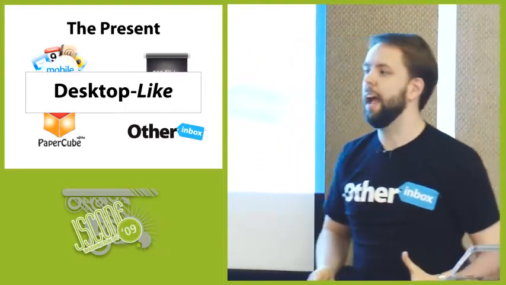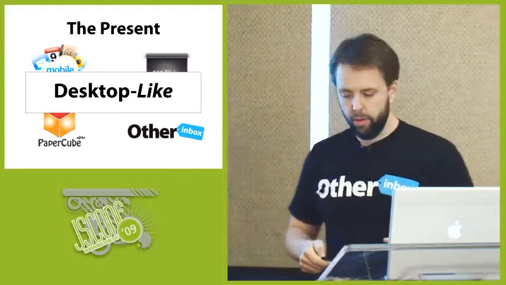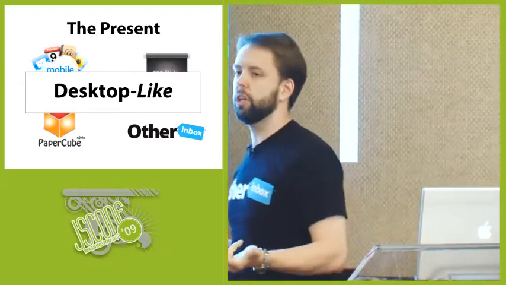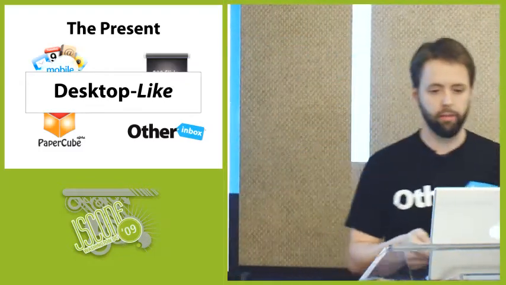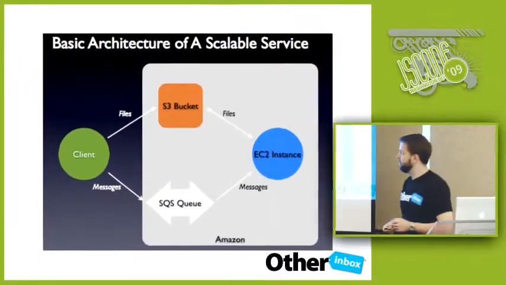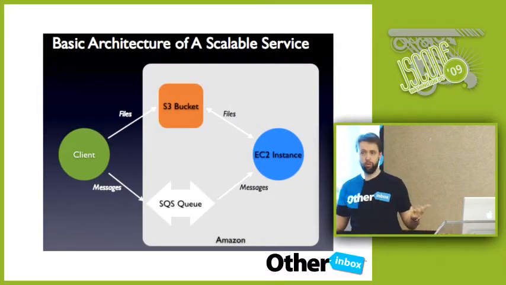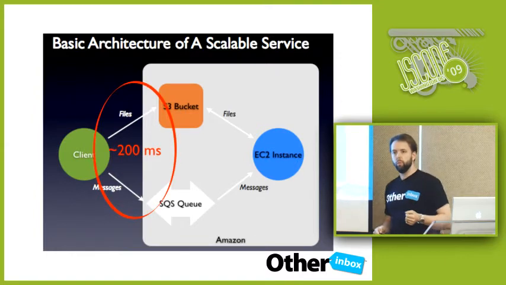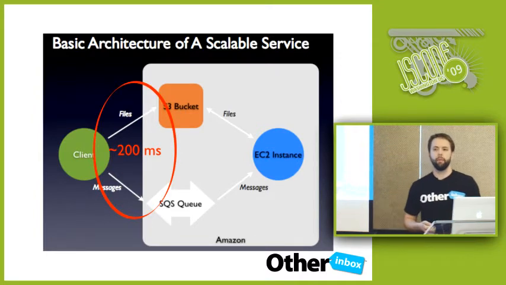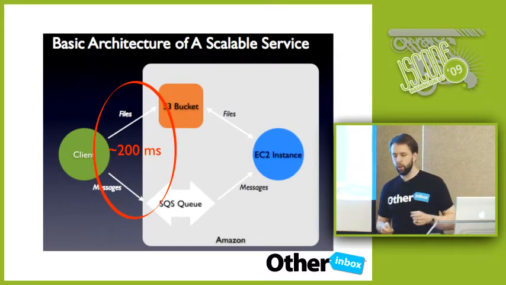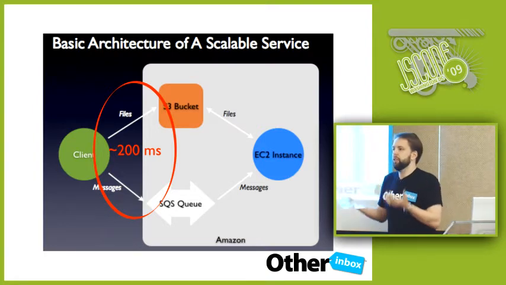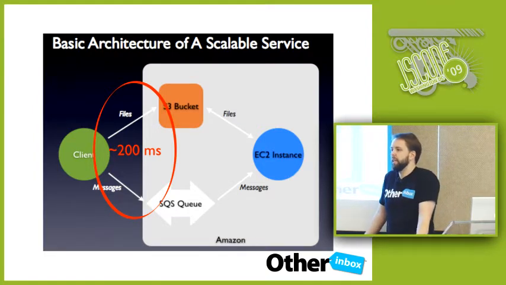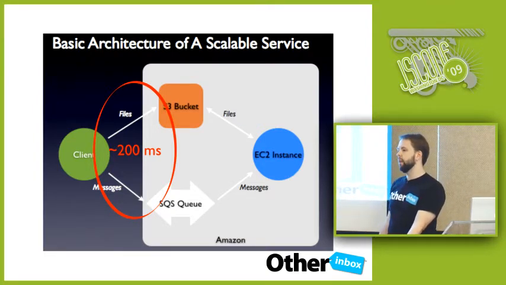But there's still a lot of uncertainty and ambiguity here, and it's this which brings us here today. Because these are cloud applications, right? This is a super simplified diagram of our architecture, which I stole from the AWS blog. The problem when you're building an app in this way, a client, is that there's always going to be latency. You saw how that worked out when I showed you Papercube.